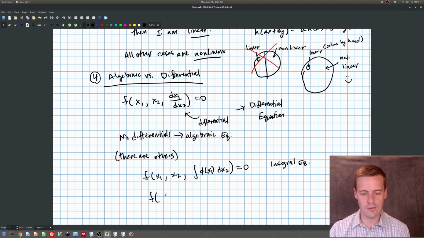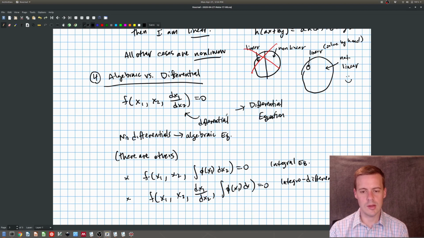So you could have f of x1, x2, dx1, dx2, and some more integrals. Shudder at the thought. So, integral, differential. We're not going to worry about these two in this class. We're going to talk about these two.